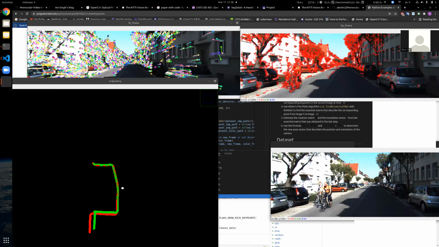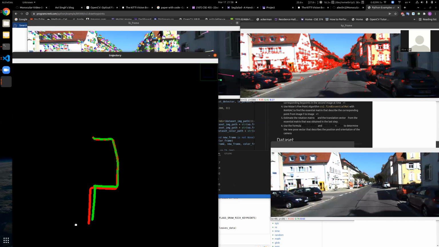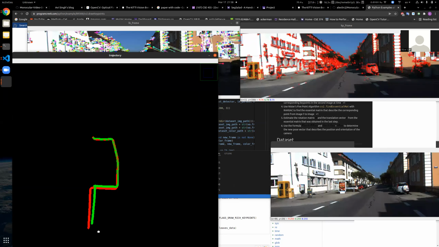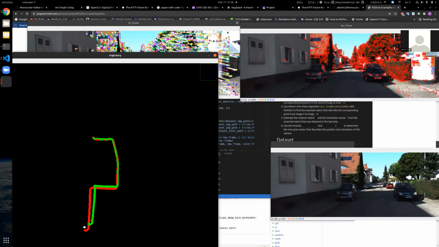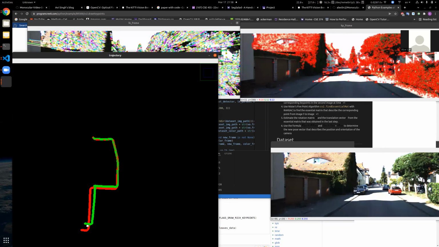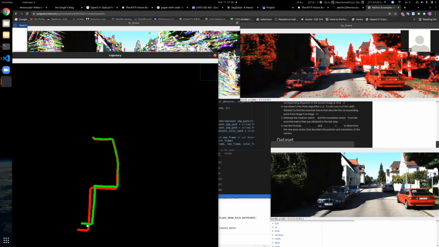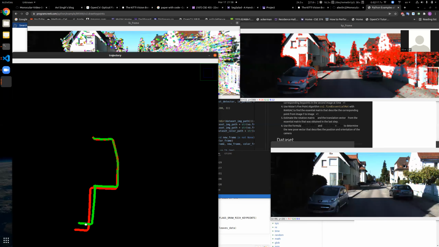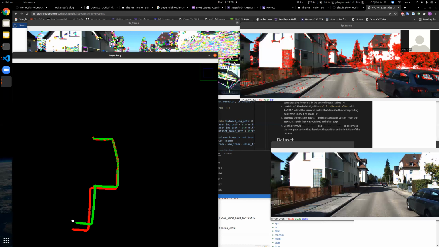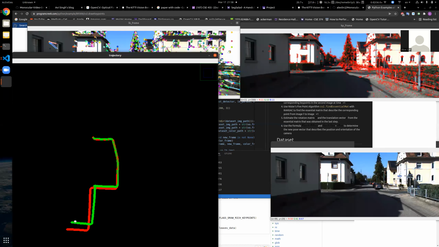Mean squared error in this case is just the L2 norm between the ground truth XYZ point and the predicted XYZ point. So the mean squared error is the average distance between the predicted point and the ground truth point, which tells you whether or not the prediction is off by a lot.